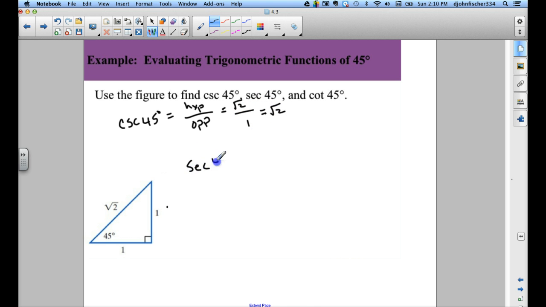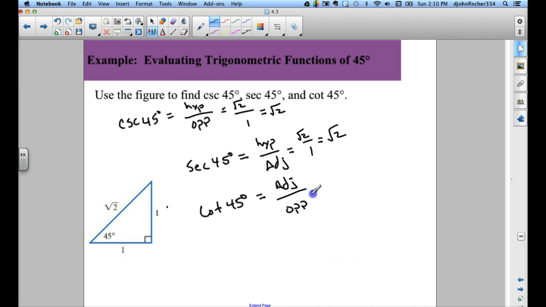Now secant of 45 degrees is hypotenuse over adjacent, which is square root of 2 over 1, which is the square root of 2. And cotangent of 45 degrees is adjacent over opposite, which is 1 over 1, which is 1.